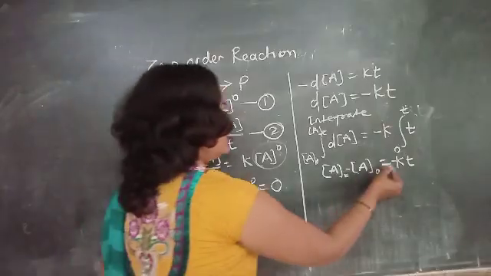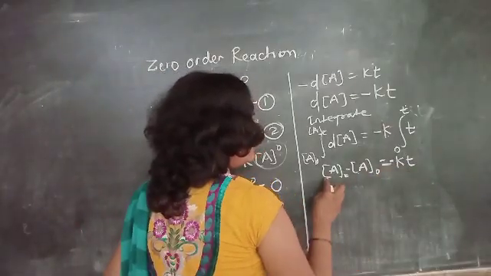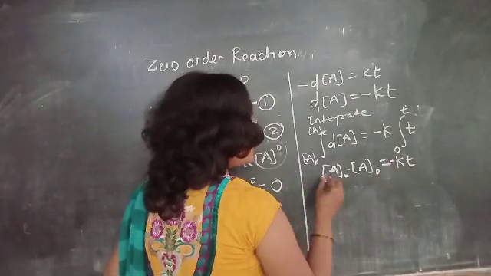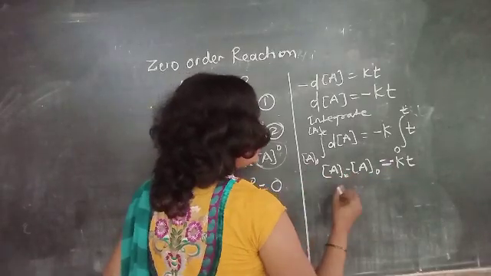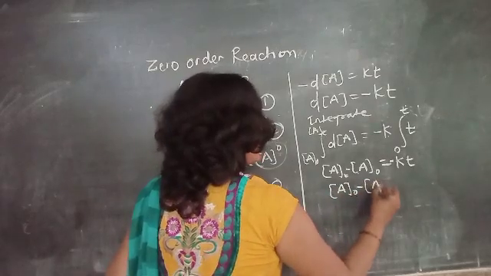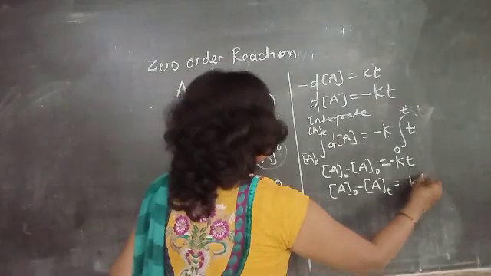When we multiply both sides by the negative sign, this becomes positive and this is positive. After multiplication, we can shift this: A0 minus At is equal to kt.